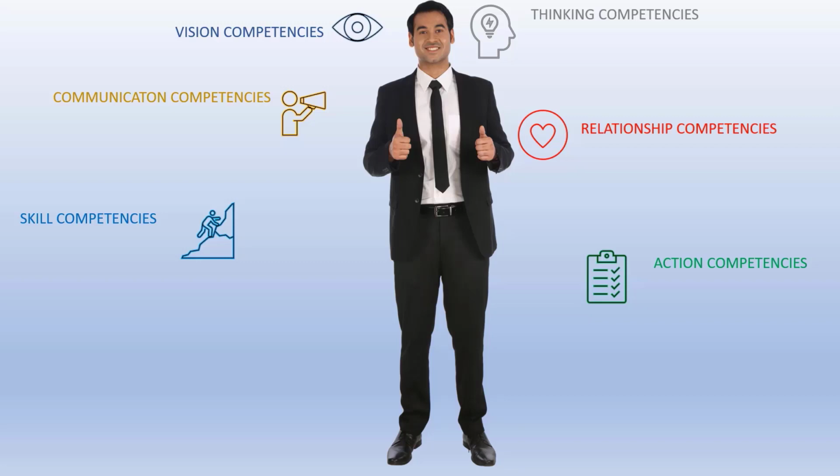So let's get started. I think the human body provides the best analogy or model to explain these core competencies. I've organized these competencies so that you will be able to understand them pretty quickly.